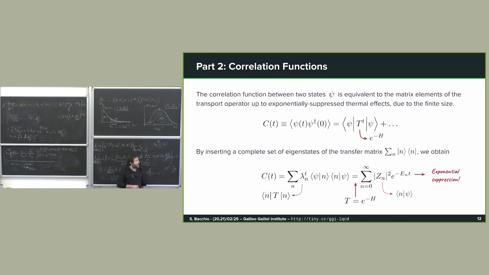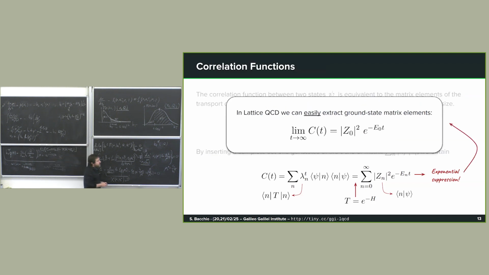The ground state is the one with the smallest energy. It's the one you can measure easily because it's the only one that survives at very large distance. At short distance, you have a series of effects, and separating them is very complicated. So you can either resolve the ground state or the next excited state, but not the whole series. Okay, so this is what we do.